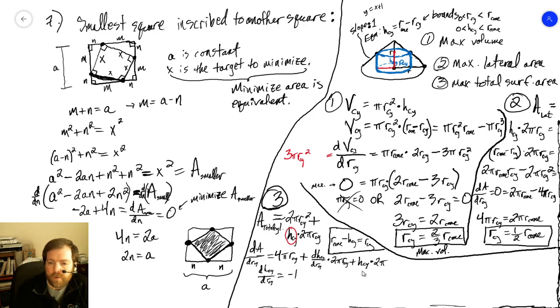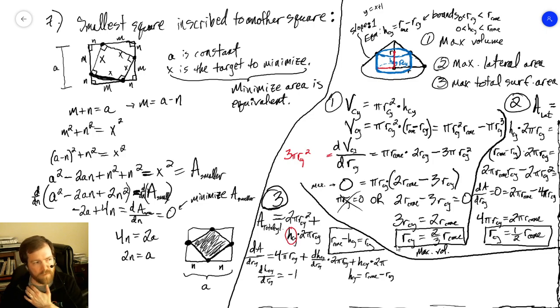And H cylinder is going to be equal to what we had above, R cone minus R cylinder. Alright, so this is going to be a -2 pi R cylinder.